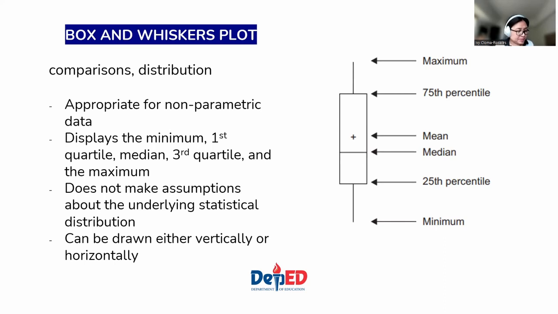Histogram. Sorry, box and whiskers plot. These are useful for, well, it is really comparison and distribution of continuous or ordinal data or non-parametric data or skewed data.